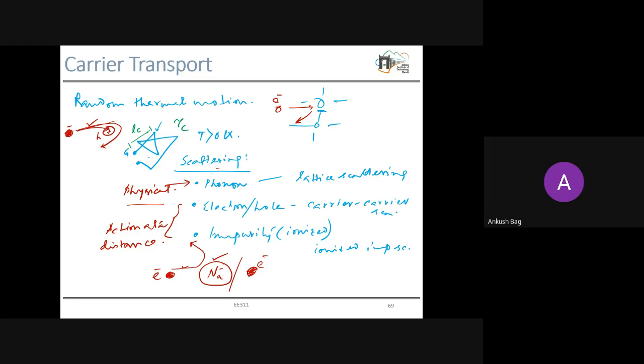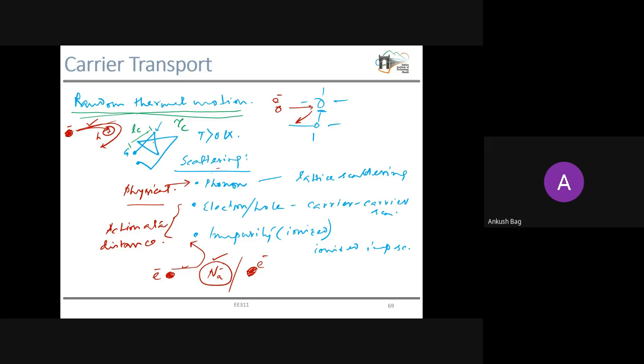Now there is another term, called thermal velocity. This is again random. Whatever we are discussing till now is all random motion. There is no current. This motion comes purely from thermal energy. In the previous class we calculated this random velocity.